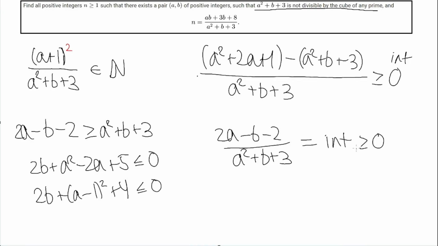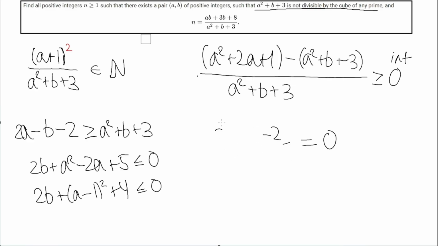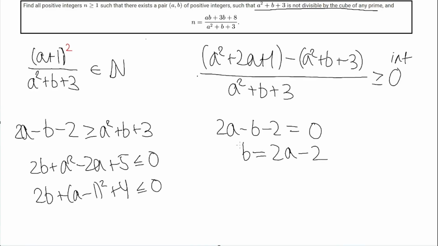So the only way this can be an integer greater than or equal to 0 is if it is equal to 0 itself. And we can get rid of this denominator here because that means that 2a minus b minus 2 is equal to 0. This means that b equals 2a minus 2. So let's plug in and see what happens.